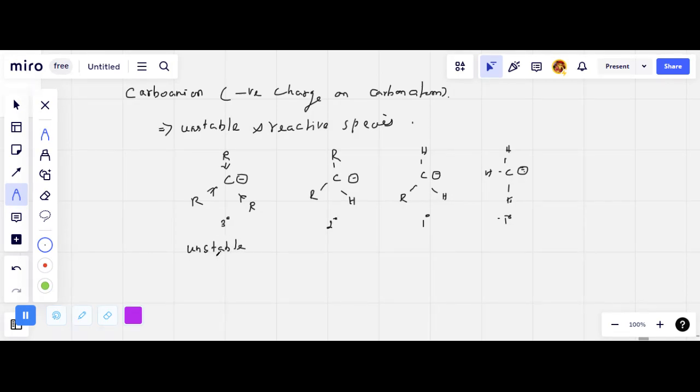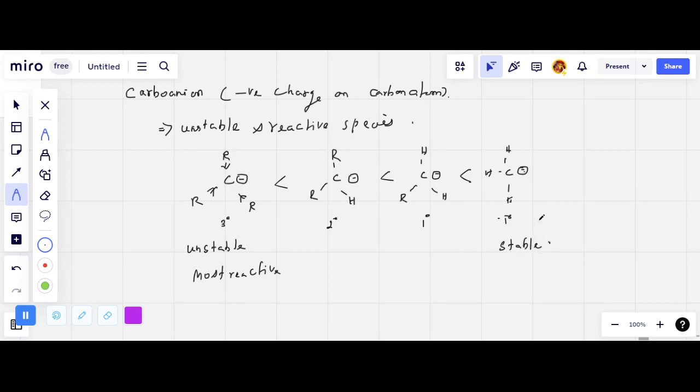Unstable means very unstable, most reactive, just the opposite of this one. So stability is in this order. This is the stable one.